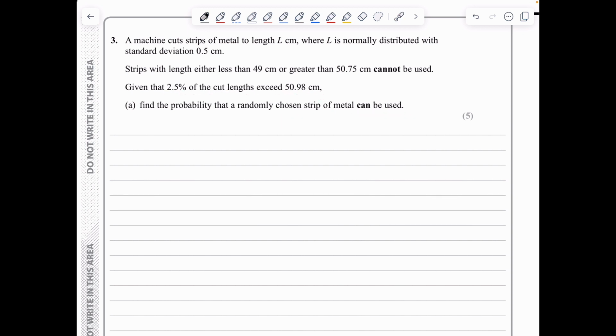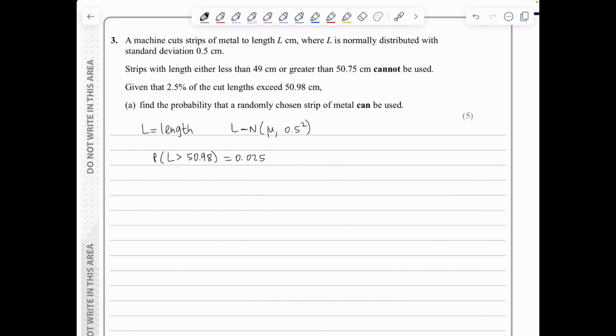So let's start by saying that our capital L is the length. It follows a normal distribution with an unknown mean mu and the standard deviation 0.5. And we have that the probability of L greater than 50.98 is equal to 0.025. Now, because one of the parameters is unknown, I will have to use standardization.